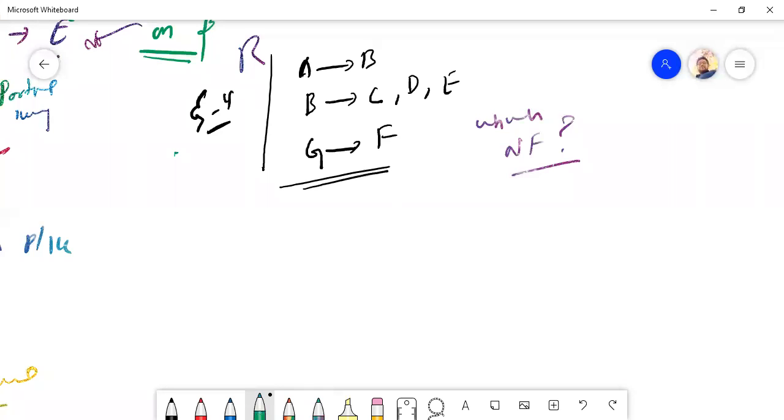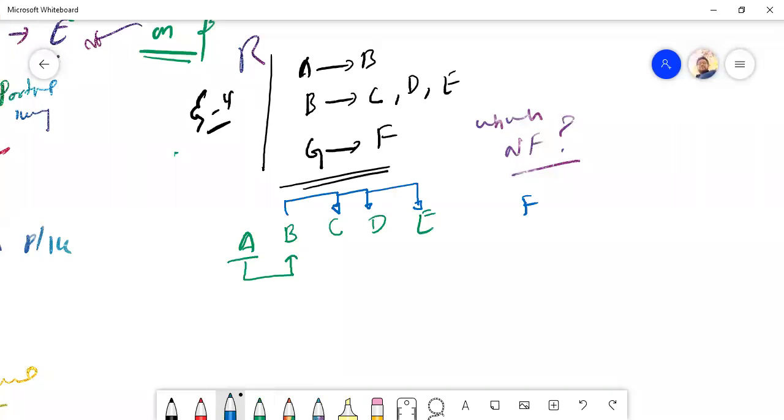Right, now I'm going to draw this one. If you draw, it is easy. Here is the primary key, B, and C, D, E all depend on B. Then G, and F is depending on G. We need to check which normal form it is.